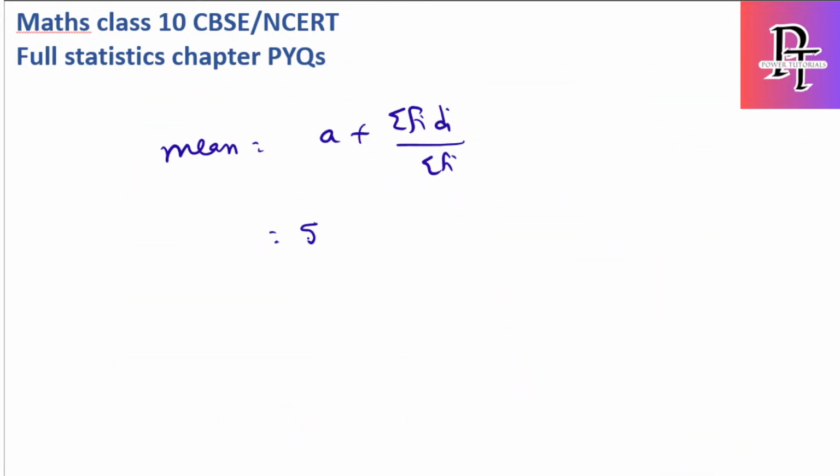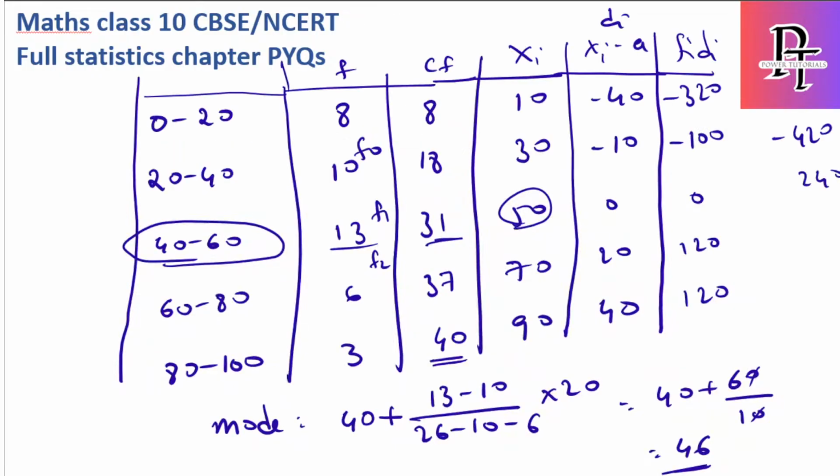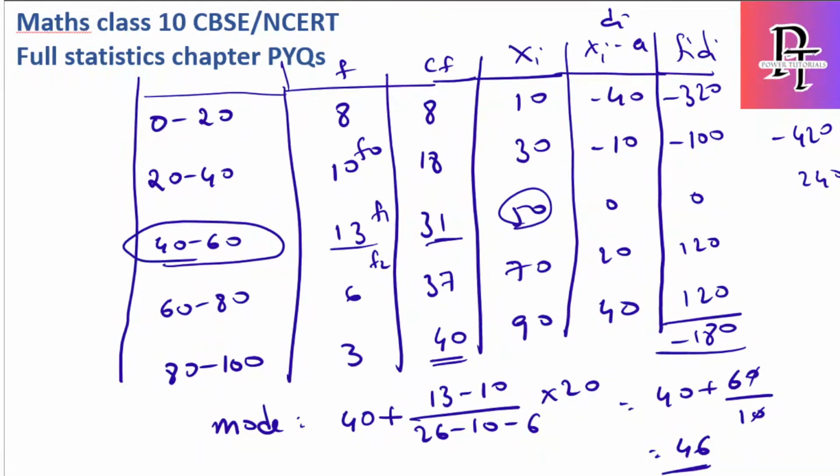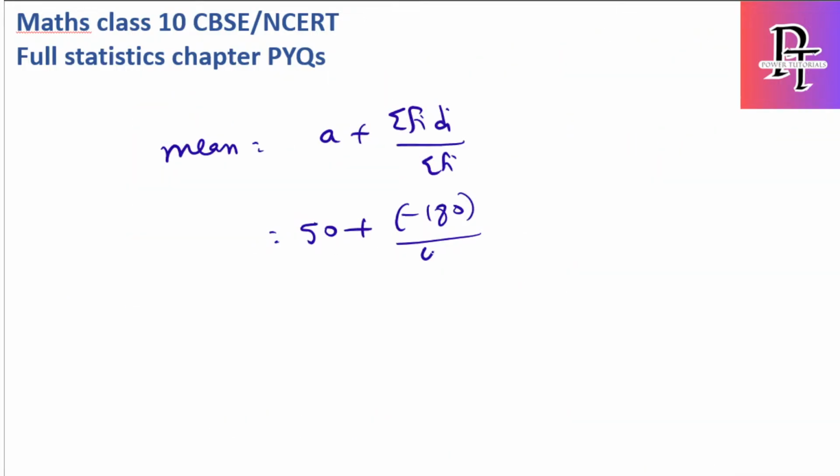So it becomes 50 plus sigma fi di, which is minus 180, by sigma fi, which is 40. So 4 4s are 16, 4 5s are 20. 50 minus 0.5, it becomes 45.5, which is the mean value.